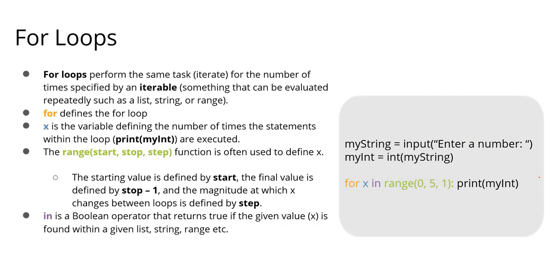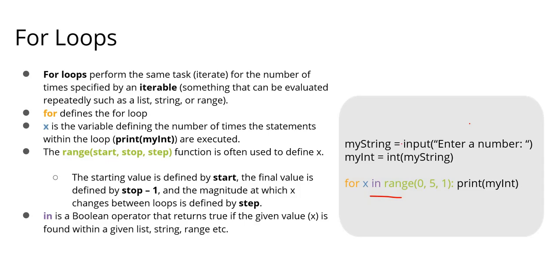For the for loop, we perform the same task, iterating for the number of times specified by a variable, or something that can be evaluated such as strings or a range. A for loop is defined using the keyword for. In this section, x is the variable, as we can see, defining the number of times the statement within the loop, print(my_int), is executed.